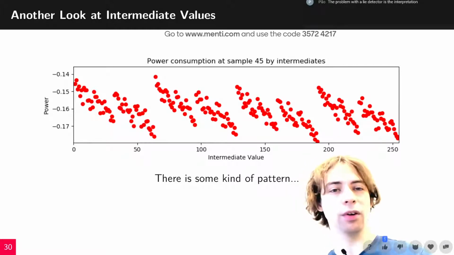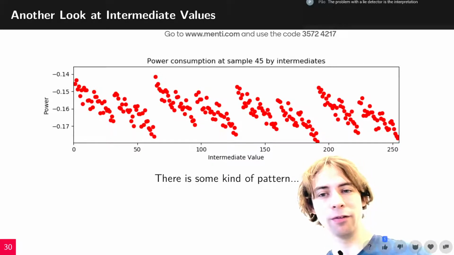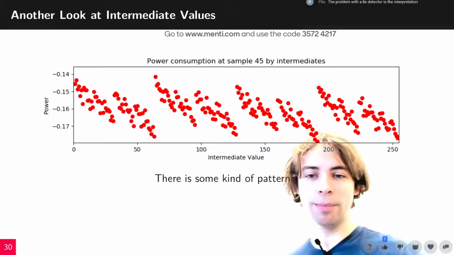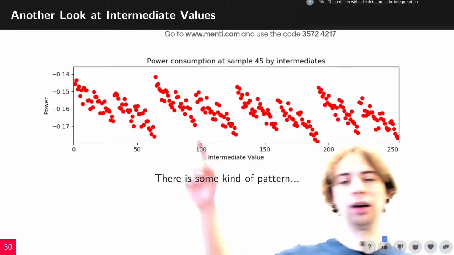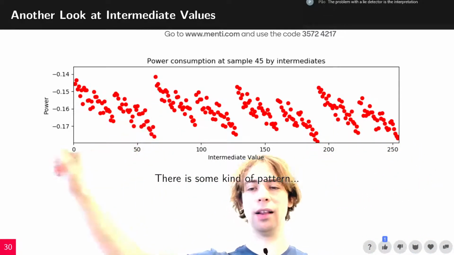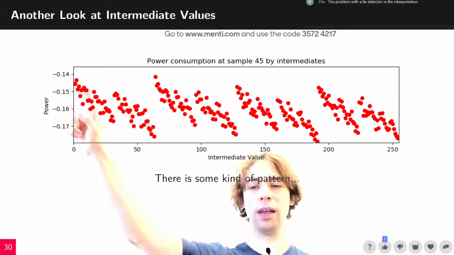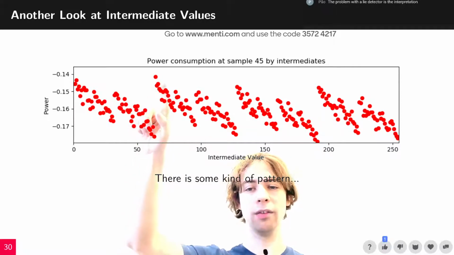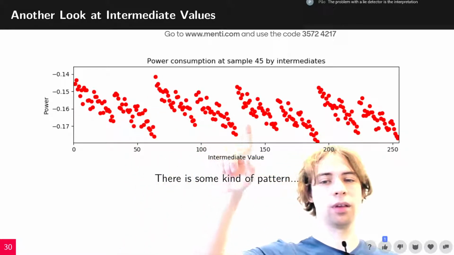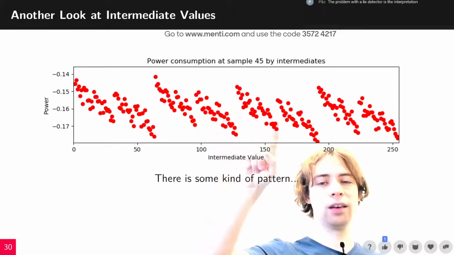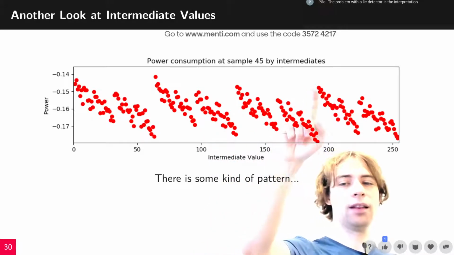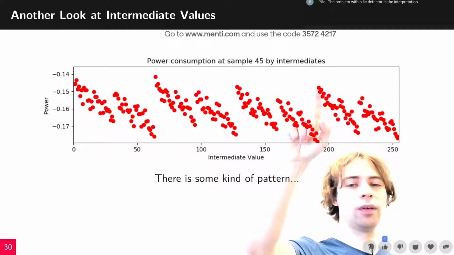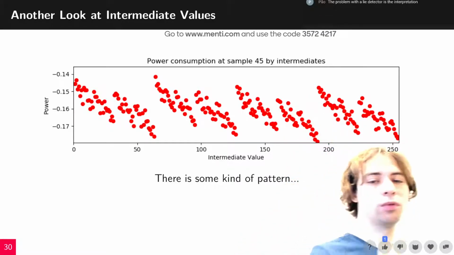There's also more that you can do. For instance, here you see some kind of pattern, right? If you go from this intermediate value, like 0 starts up there, and then it goes down, 64 is maybe up here again, 63, 64, okay, 128, and then we have 192 down to 256.